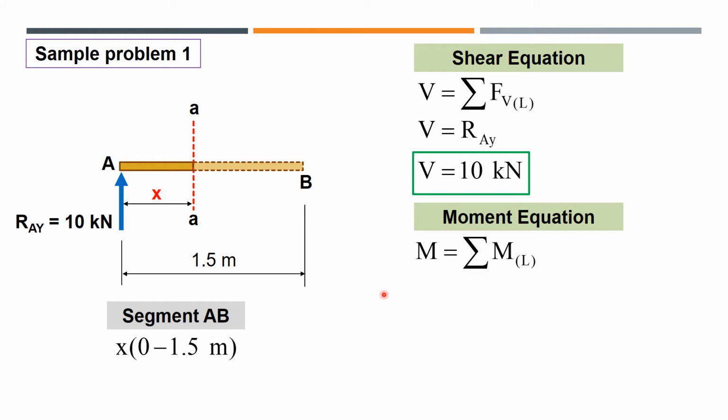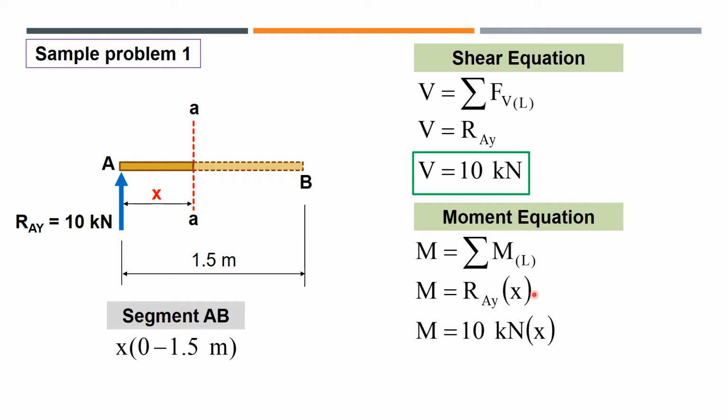So in this moment equation, since there is only one vertical force that will rotate about this point where the cutting plane passed, we only have RAY, which is 10 kilonewtons, multiplied by its moment arm of x. So here, a variable now appears. There.